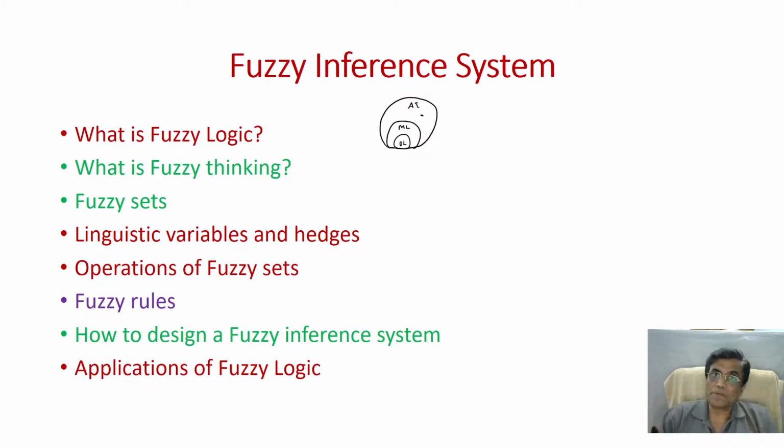The meaning is a low temperature, you see. So low, high, average, very high, all these linguistic messages carry very precise information, provided we can formulate it properly. Okay, so that's the beauty.